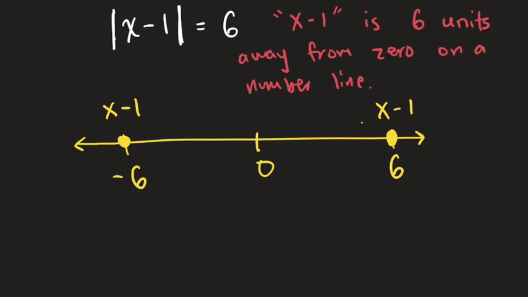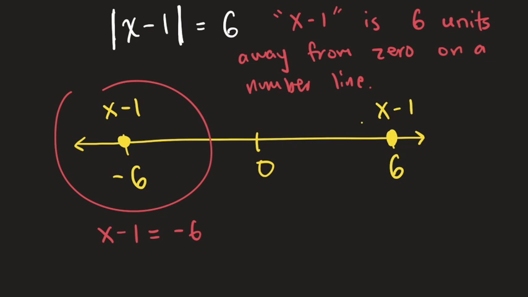And once you visualize this, and once you're able to place where that expression lies, you have all you need to create your equations. Here is a case where x minus 1 is at negative 6. Or here's a situation where x minus 1 is at positive 6. All that there's left to do now is solving and checking. Pause the video and try that.